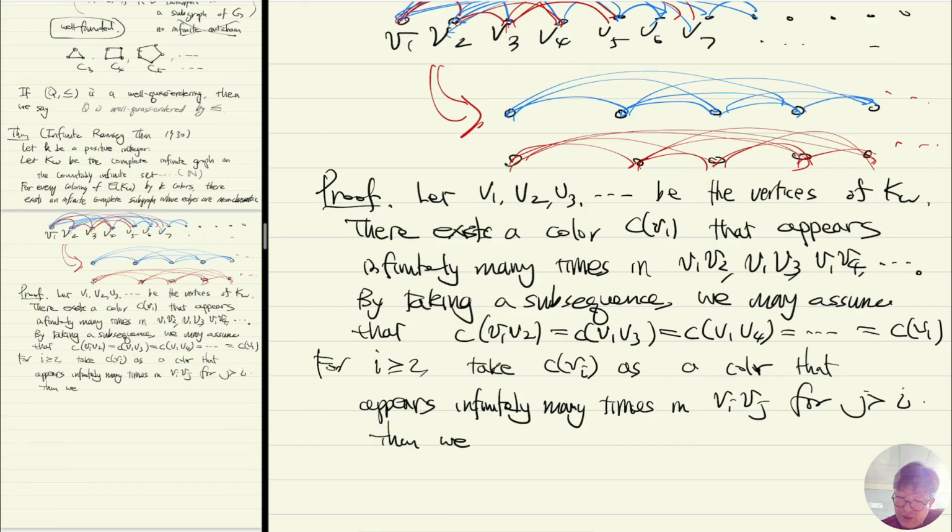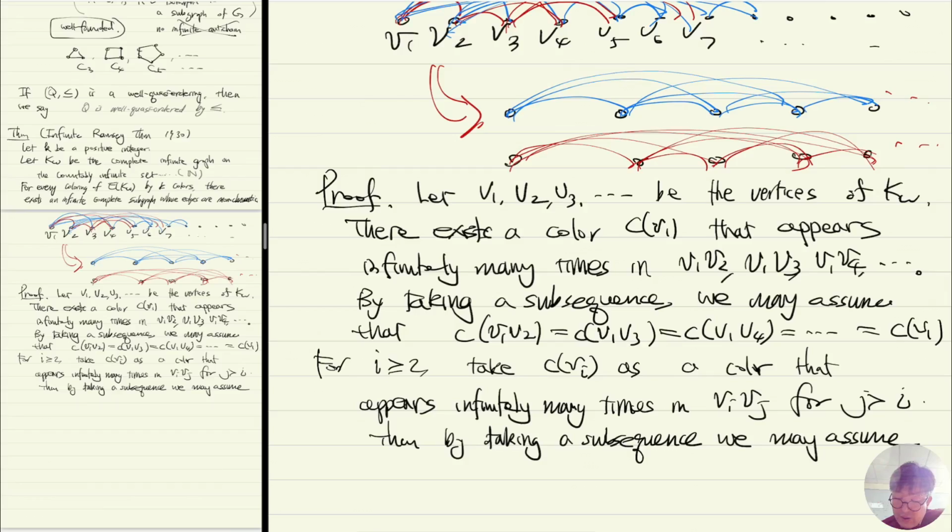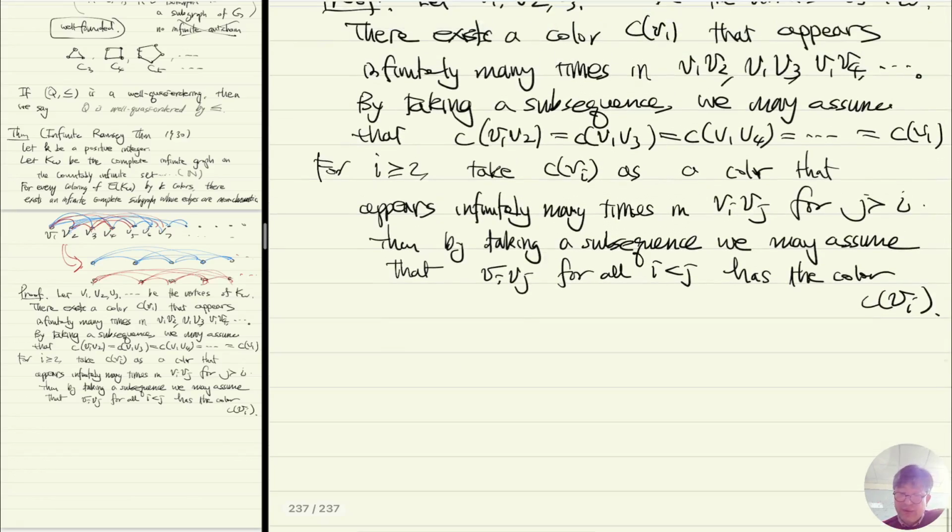Then, by taking a subsequence, we may assume that (v_i, v_j) for all i less than j has the color c(v_i).